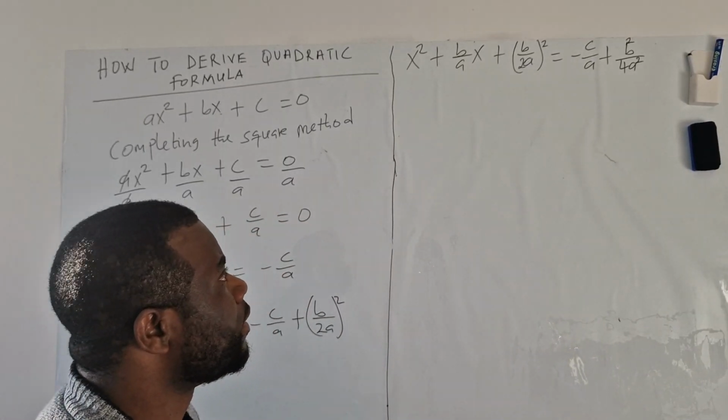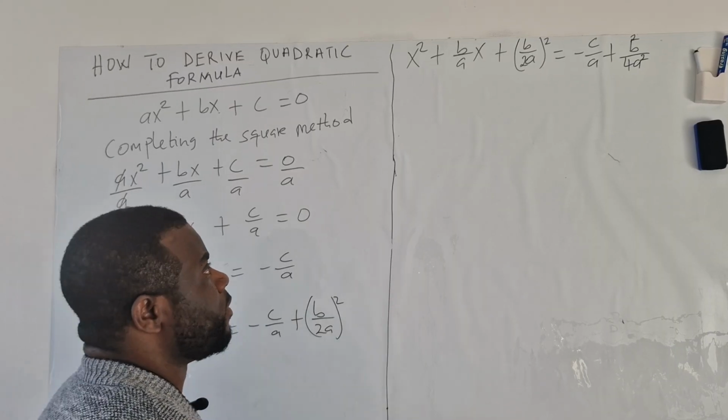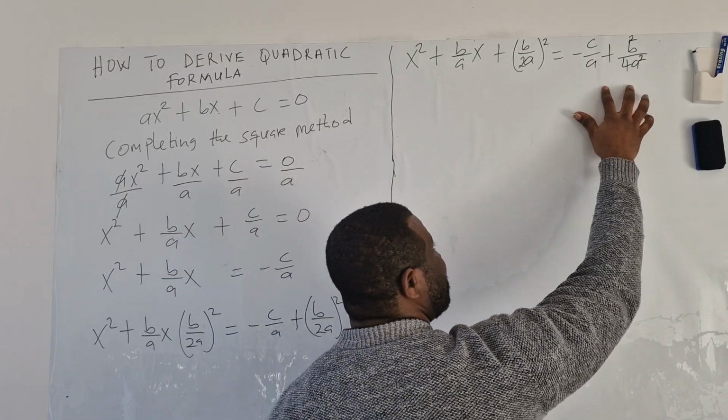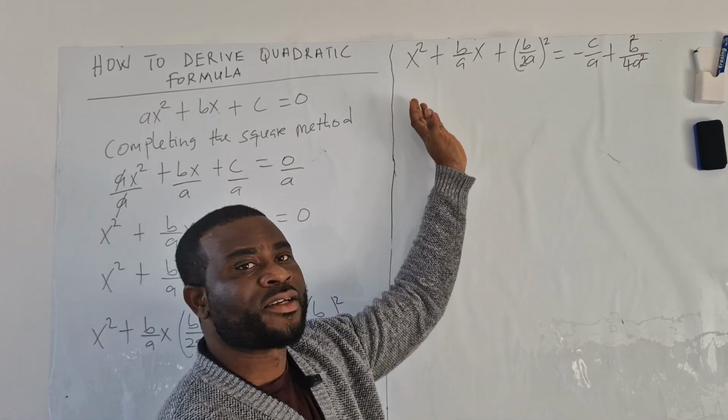Good. So at this point, we are going to add these two fractions, and then we factorize the left side of the equal to sign.